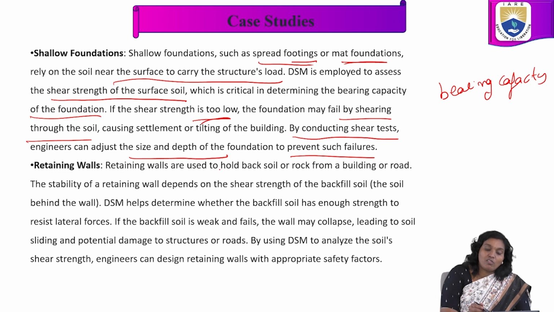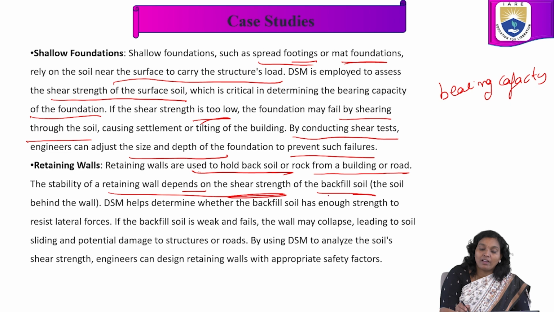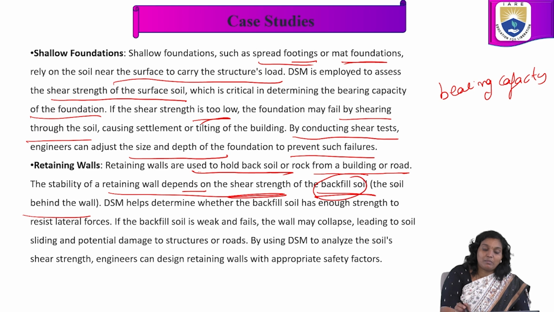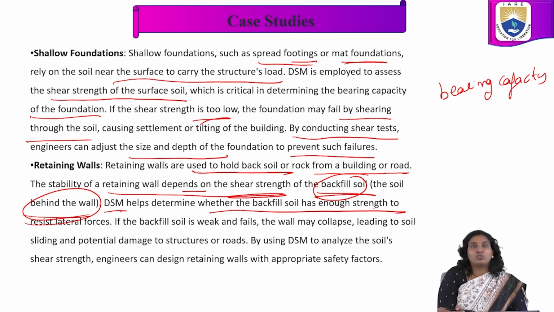Here retaining walls are used to hold back soil or rock from a building or road. The stability of a retaining wall depends upon the shear strength of the backfill soil, the soil behind the wall. Backfill soil is nothing but the soil behind the wall. Deep soil mixing helps determine whether the backfill soil has enough strength to resist lateral forces.